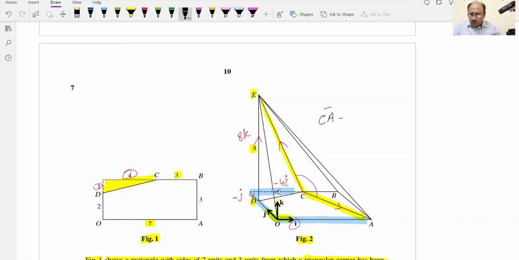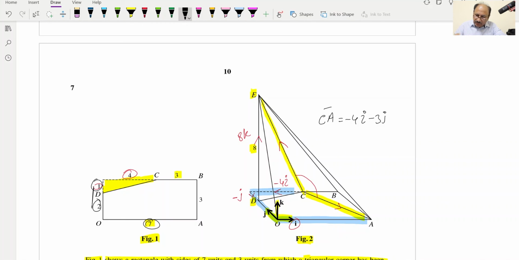So CA is equal to minus 4i, and this will be minus 3j. This is minus 1 and 2, so combined will be 3j, so we can write minus 3j, and this will be again i.